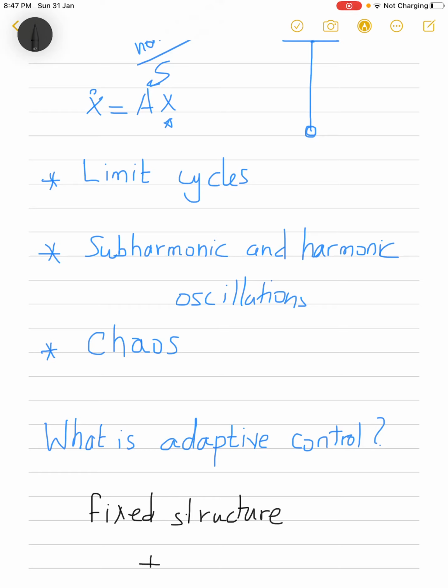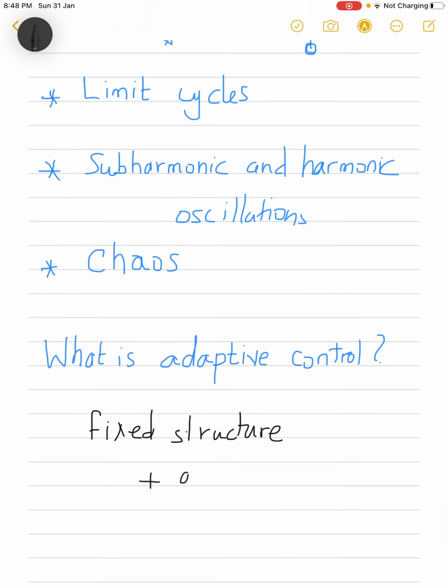So here it contains adjustable parameters, and of course there should be some mechanism in order to adjust these parameters, and the parameters of course will be adjusted based on the changing conditions that the control system may face.